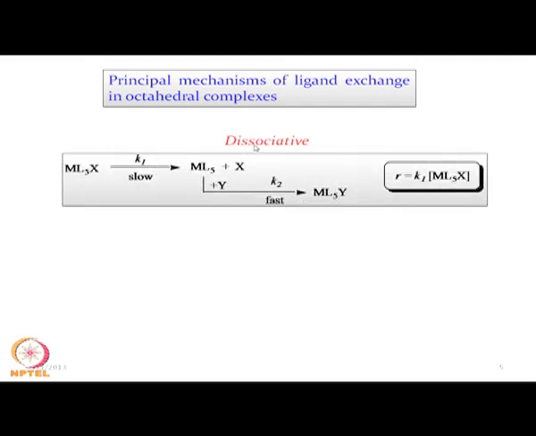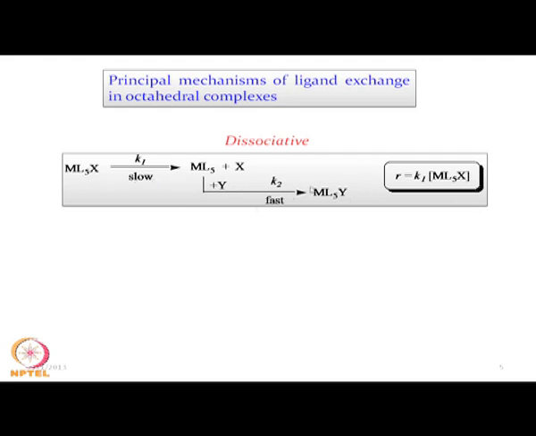So, the principal mechanism for ligand exchange in octahedral complexes is the dissociative one, where we have seen already K1, and the reverse of this we can consider as K minus 1.